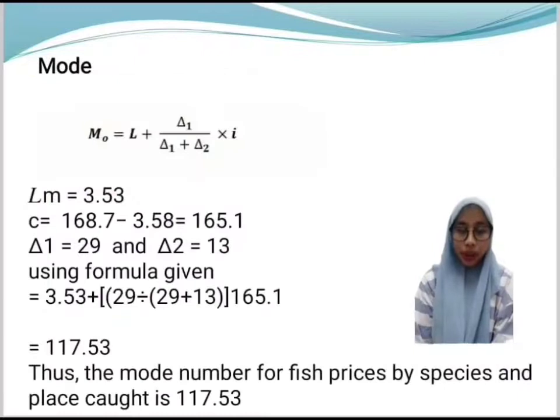For the mode, M equals L plus alpha 1 divided by alpha 1 plus alpha 2, multiplied by C. So L we get 3.53, C we get 168.7 minus 3.58, and we can get 165.1.